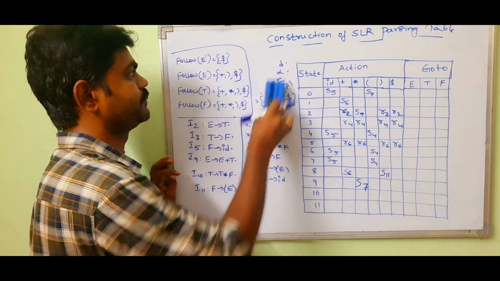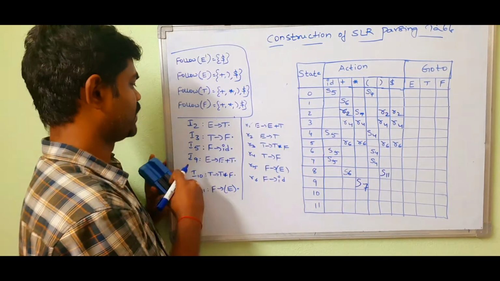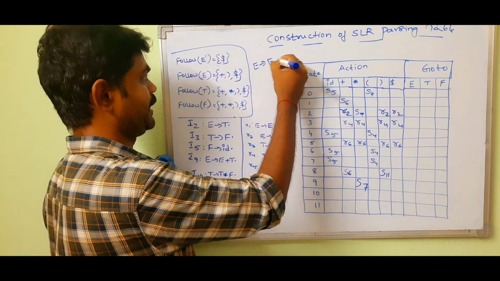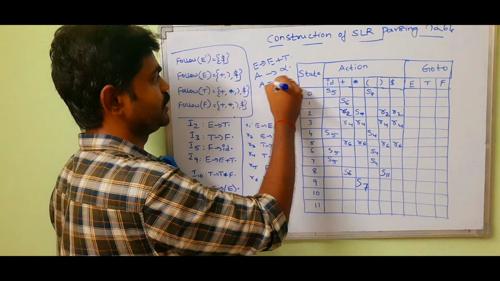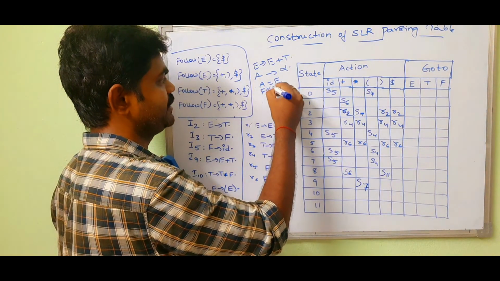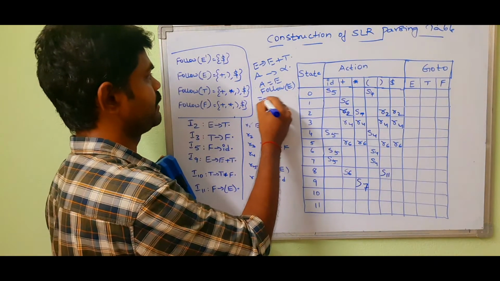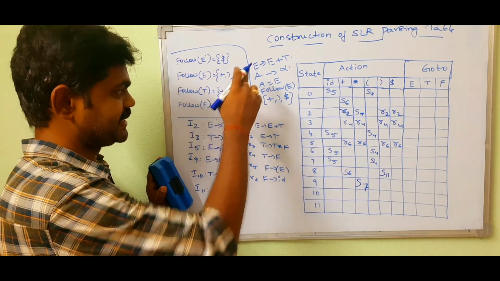Next is I9. So what is I9 here? E tends to E plus T dot. So A tends to alpha dot. Here A equal to E, that is follow of E. So follow of E means plus, right parenthesis, dollar. Okay. So where is E tends to E plus T?